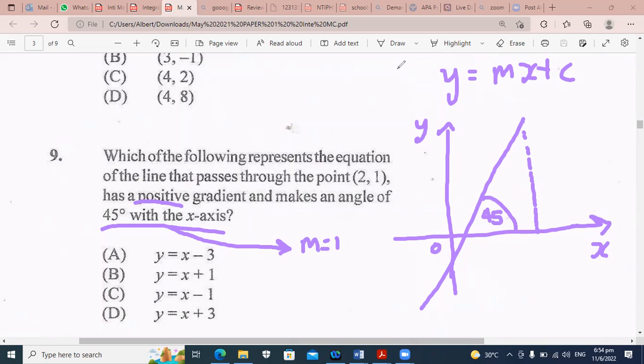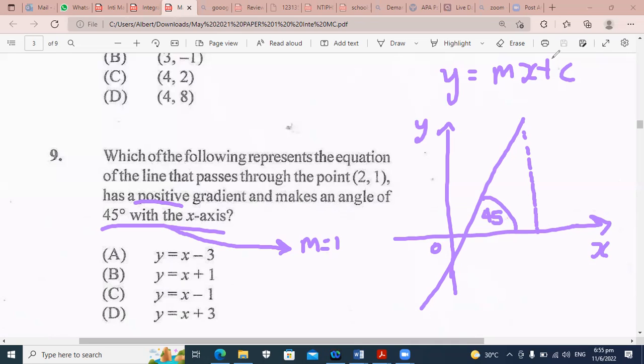Do you guys remember I told you that gradient is actually the tangent of the angle that a line makes with the x-axis? Anybody remember me saying that?